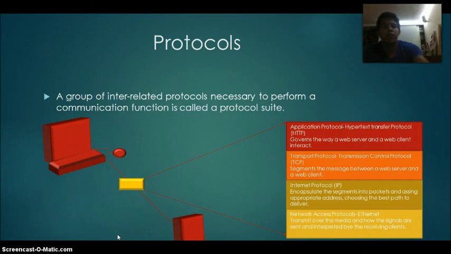There can be protocol suites, which are interrelated protocols that work together to bring the communication to both sides, the sender and the receiver.